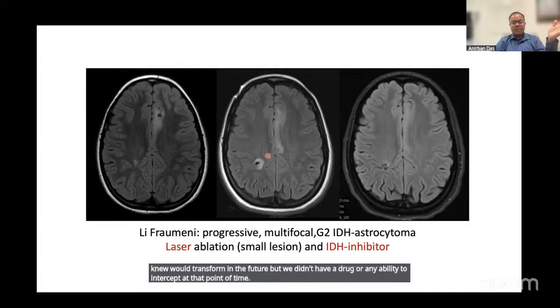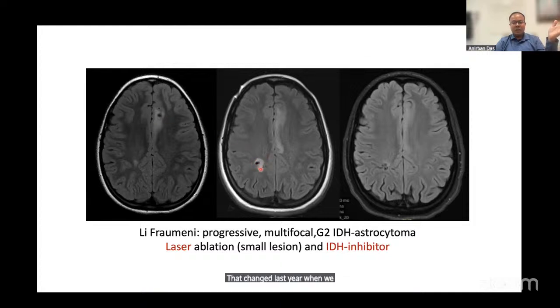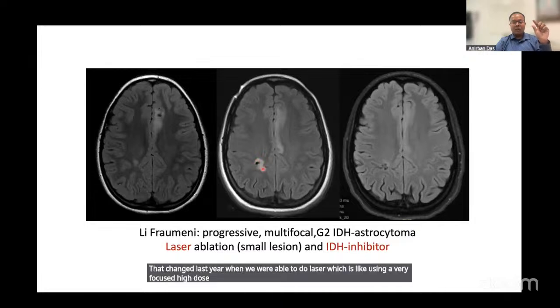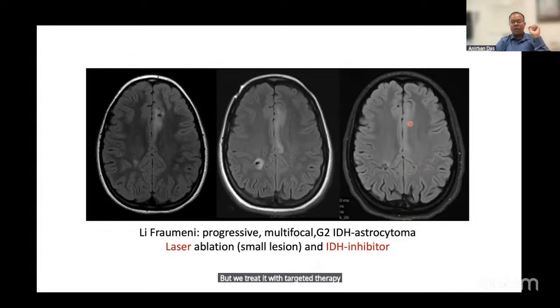That changed last year when we were able to do laser, which is like using a very focused high dose laser for treating this small lesion. And as you can see, this is now in remission. And for this longish lesion, we couldn't do laser because it has its size limitations, but we treated with targeted therapy, and the patient after 8 months is showing good response.